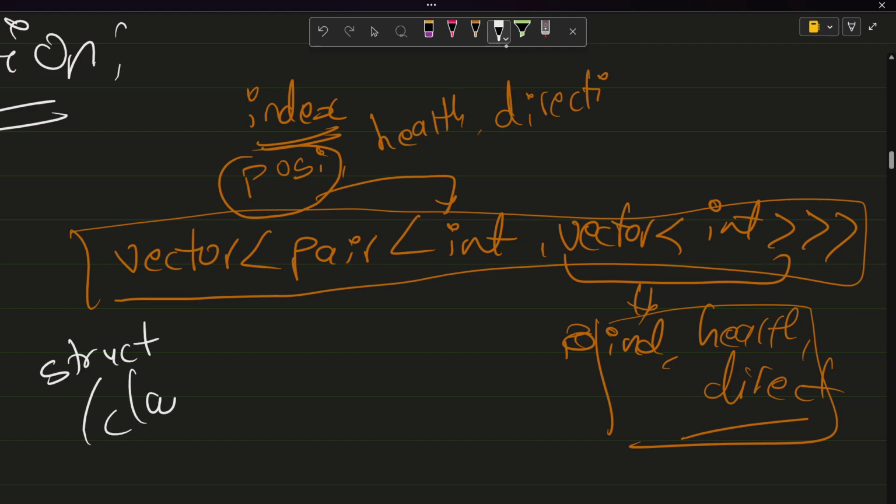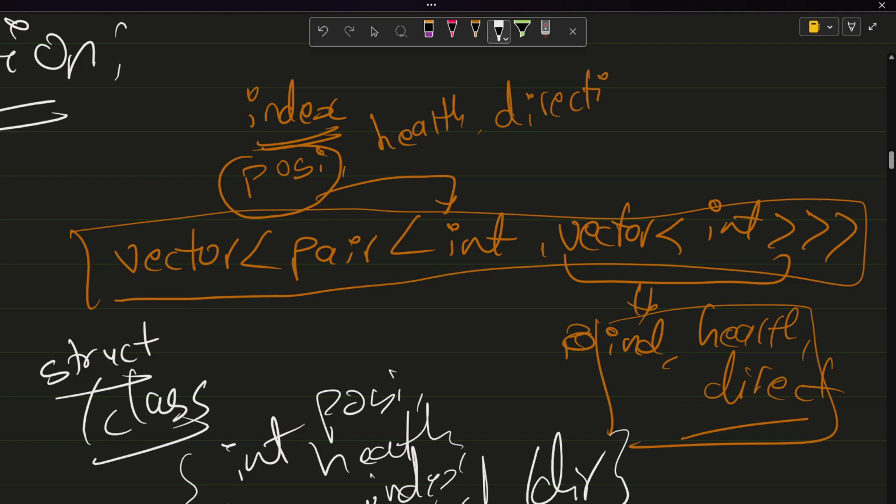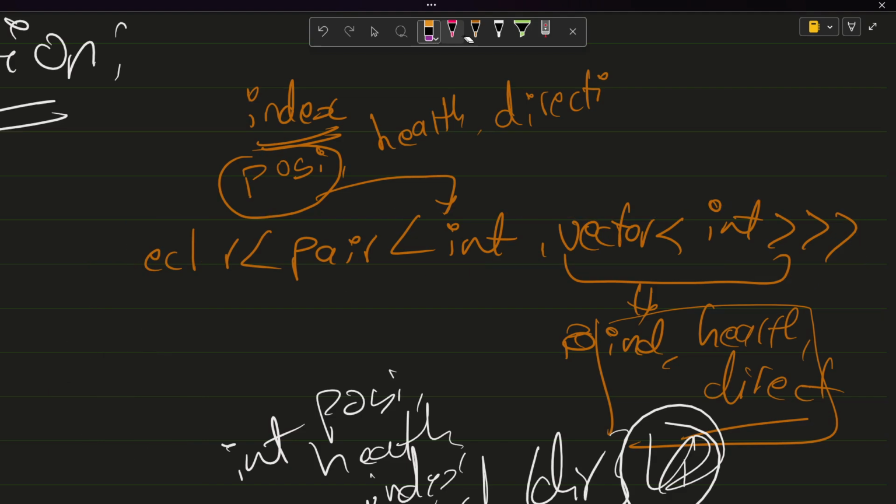Or you can also go with a class or structure, in which there will be int position, health, index, and character ch, or direction, either left or right. So we are going to solve this question by using a structure.